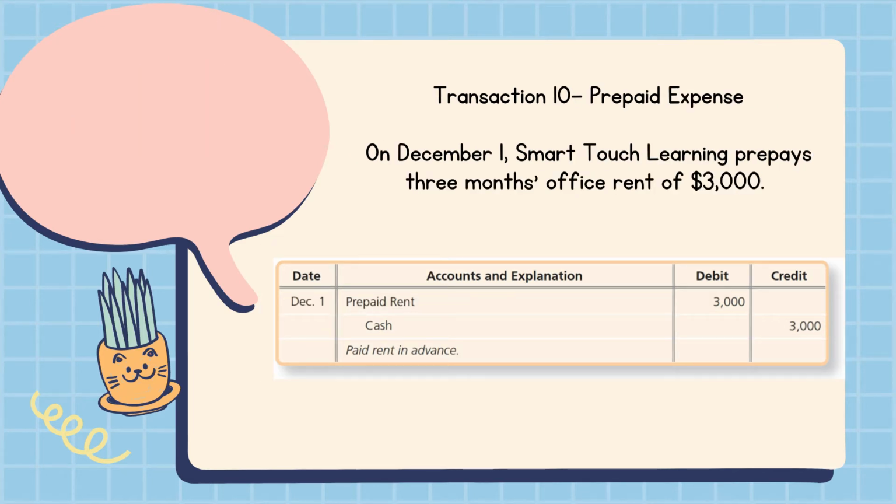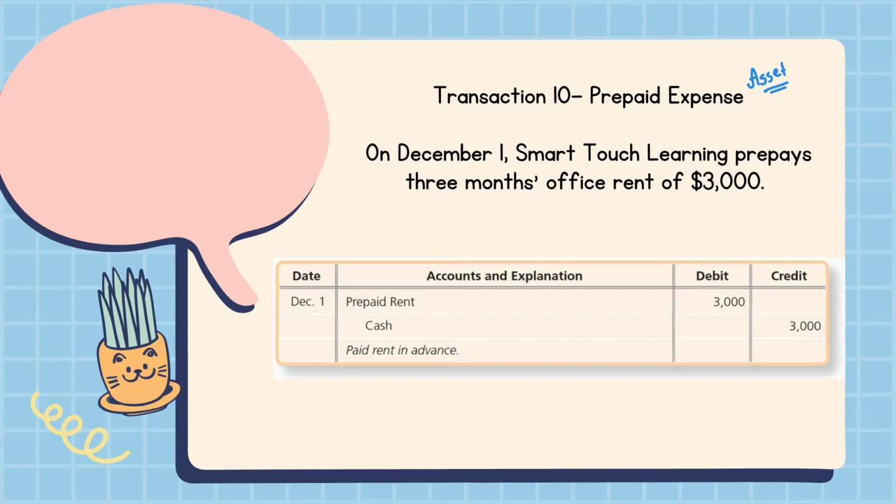Transaction 10, prepaid expense. Prepaid expense means when we pay for the expense in advance. So I might pay for the rent or for the insurance 1 year ahead. So it's gonna be an asset account until it's used, because I'm gonna get the benefit from this account in the future.